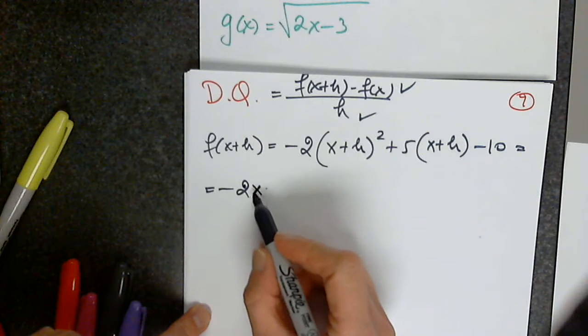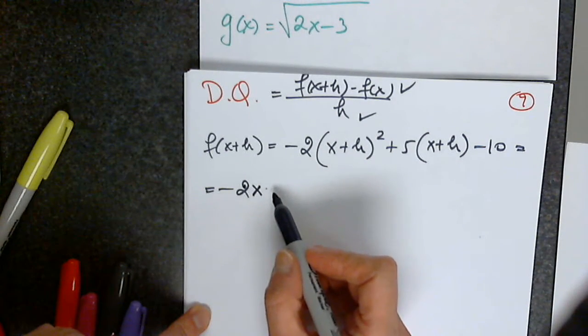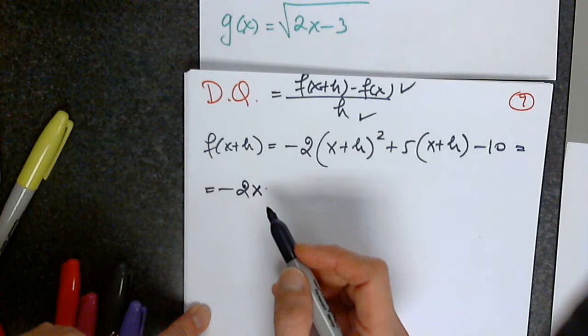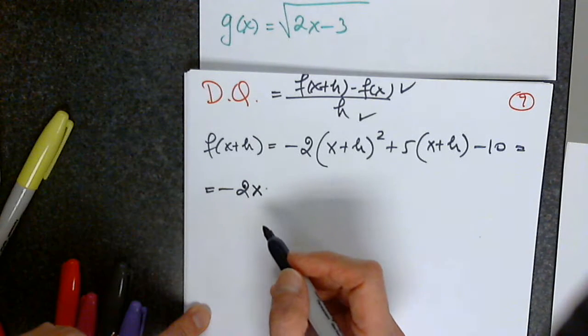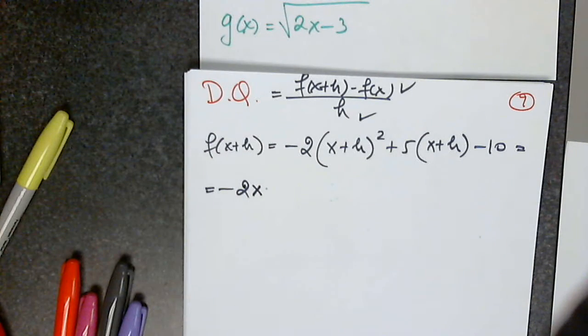So -2, x plus h, square. Please make sure you don't make this mistake. You cannot distribute before you square, because by the order of operations, we have to square first and then multiply.